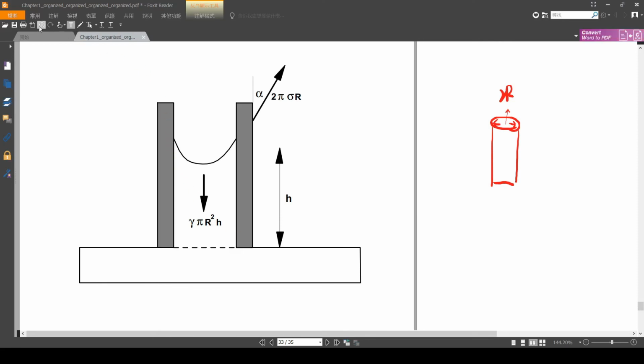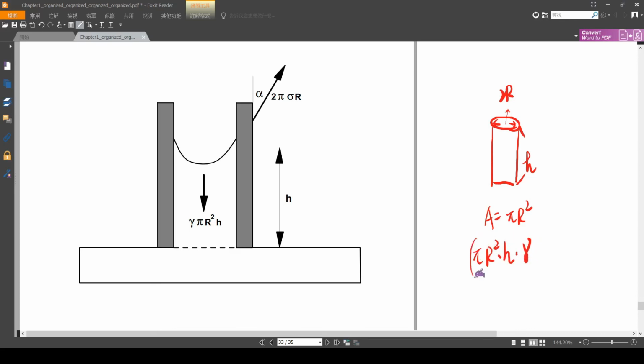So the water weight, or the fluid weight in this tube, is equal to the volume times the specific weight. The volume of this tube is equal to the area, pi r squared, times h.